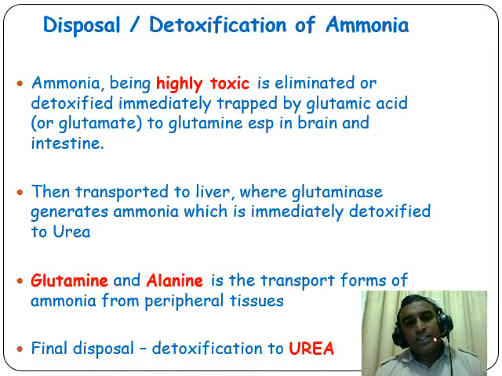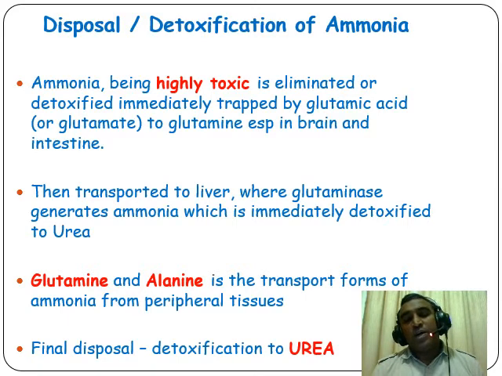This slide is just a repeat of what has already been described to you. It is just referring back that excess ammonia is highly toxic, and it has to be brought to the liver to be detoxified by converting it to urea in the urea cycle.